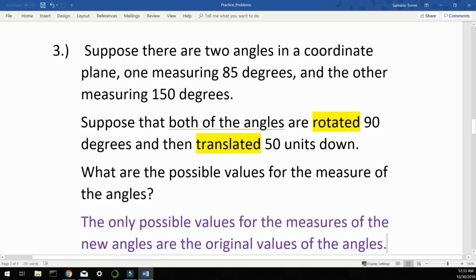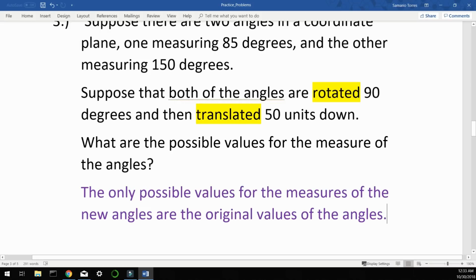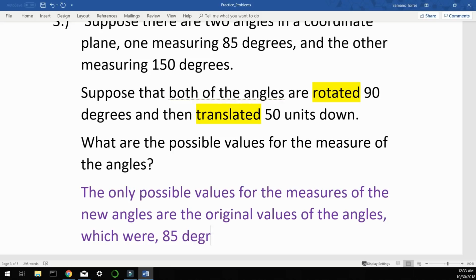That's not going to change the measure of the angle. The original values were 85 degrees, and the last one, 150 degrees.